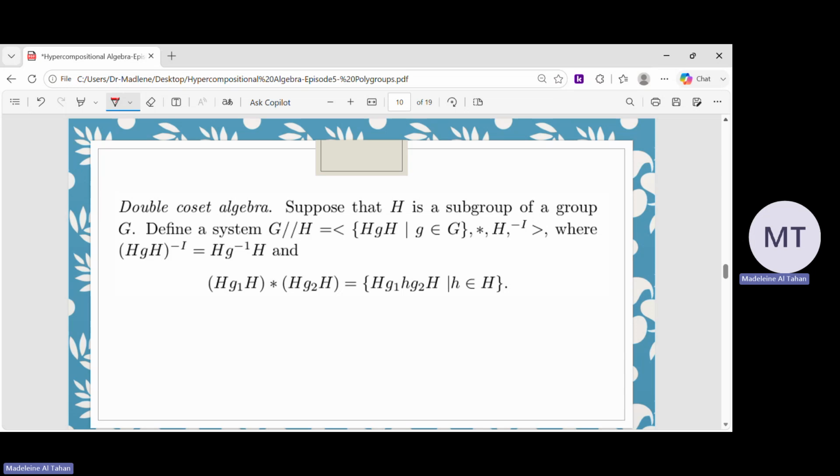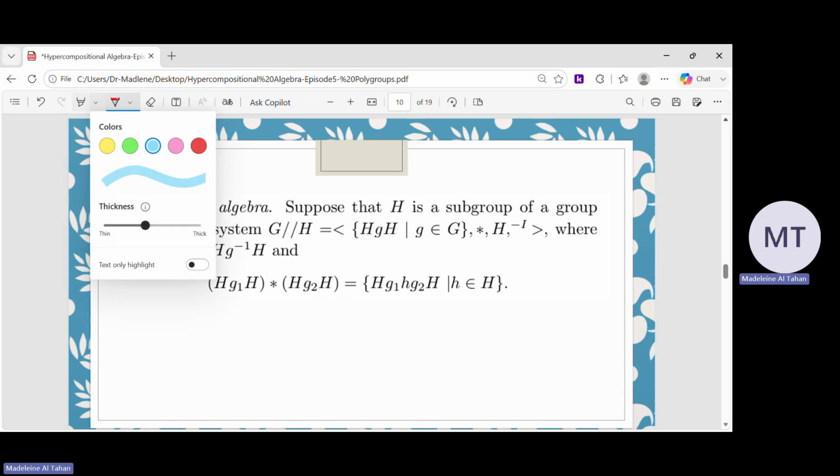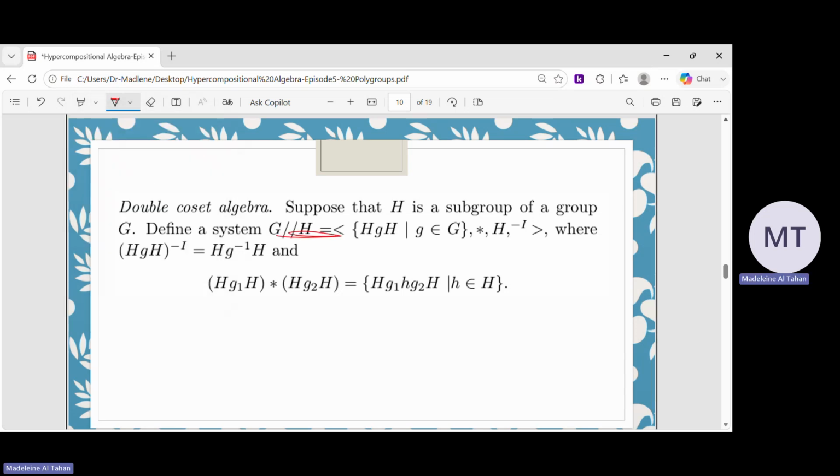So here, instead of working with the coset, we are working with the double coset. We start with G, H is any subgroup of G, and we take this set here. Under this operation, star, and the inverse in this way, we get a polygroup.